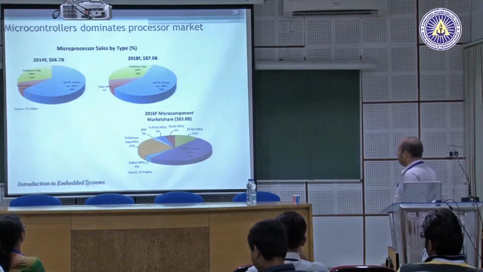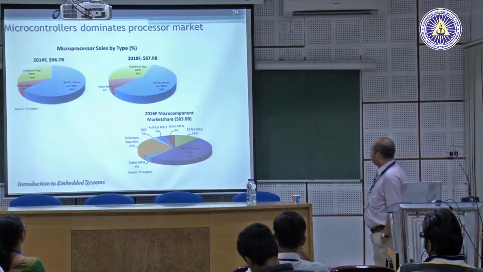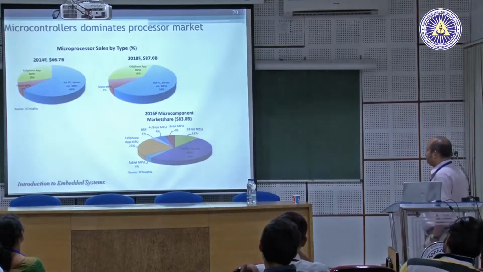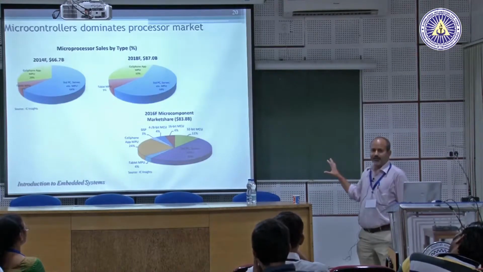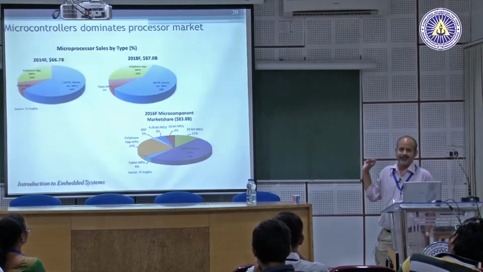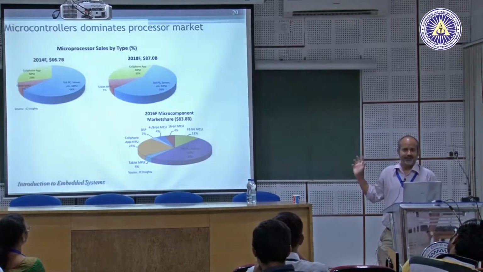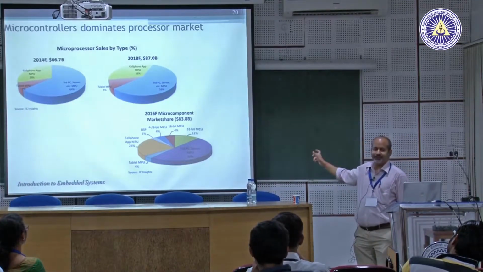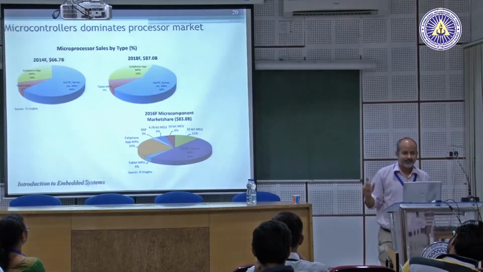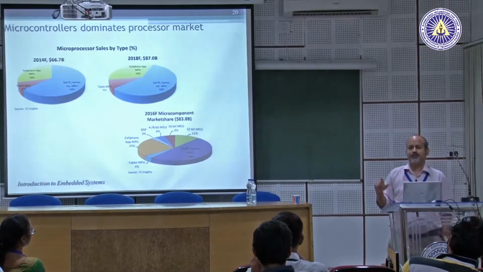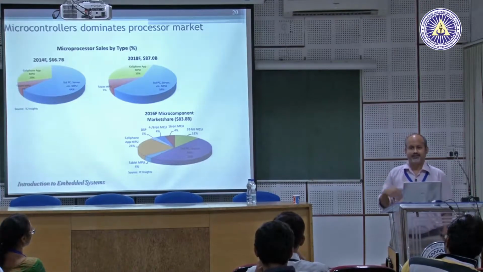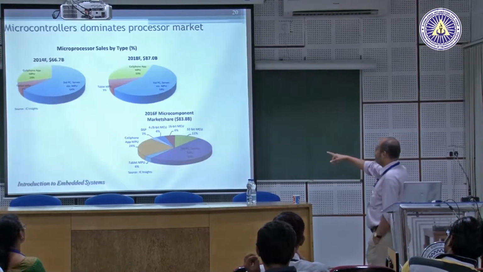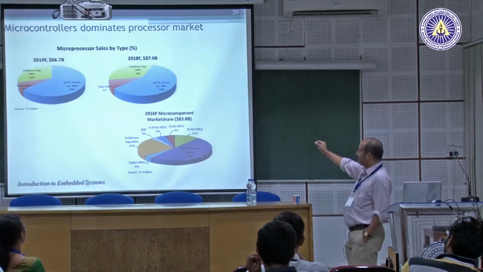Now if you look at this one, here we are talking about when you bring in all those other things, then we see 50%. This is actually not in number, this is in dollar price. So the numbers will be much less for this 50%, because each processor that goes into a server, an Intel or AMD processor, is $600,000 each, whereas with 4-bit, 8-bit microcontrollers we are talking about cents.